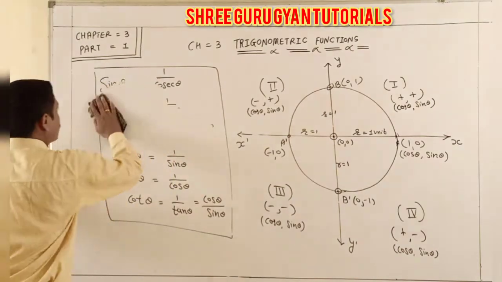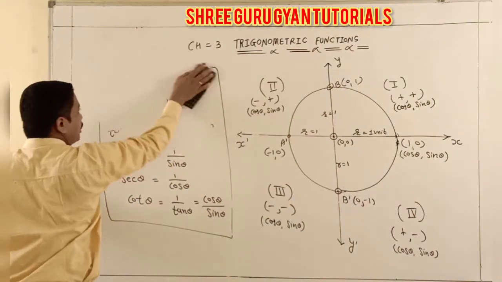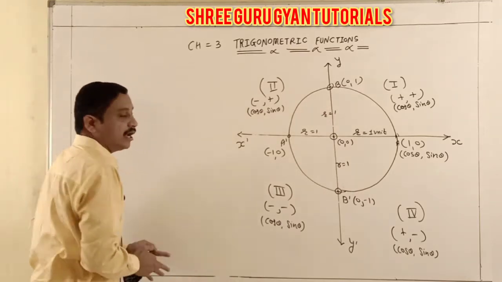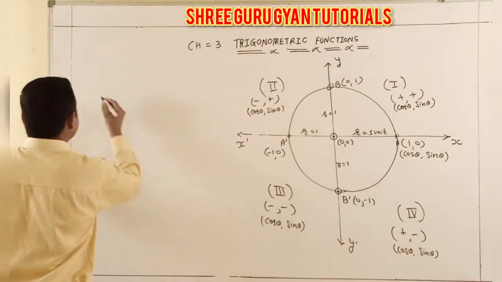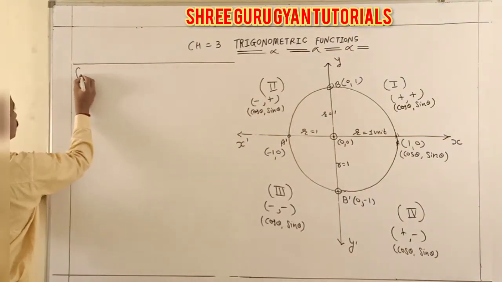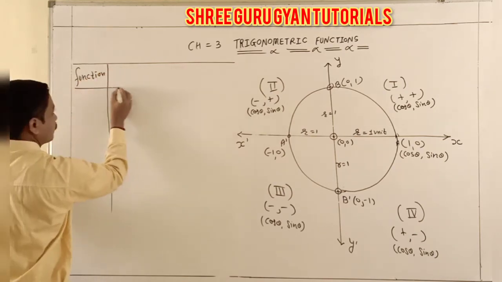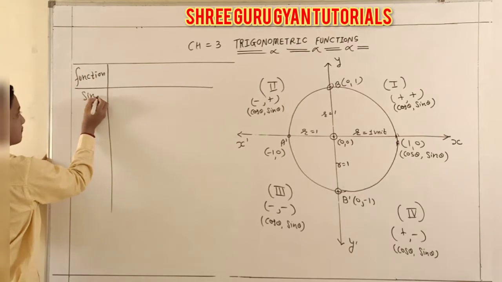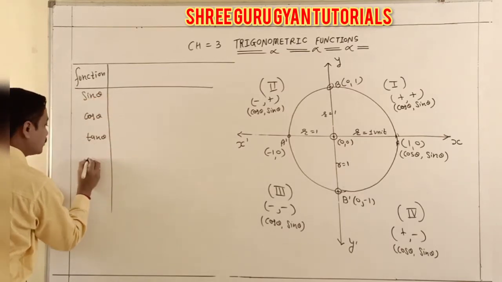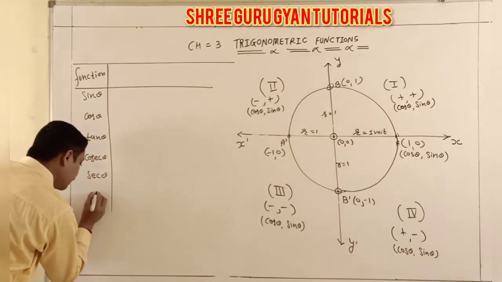So I will draw a table. You also draw the table properly in your notebook, related to our functions and the 4 quadrants. Here are your functions: sin theta, cos theta, tan theta, cosec theta, sec theta and cot theta.